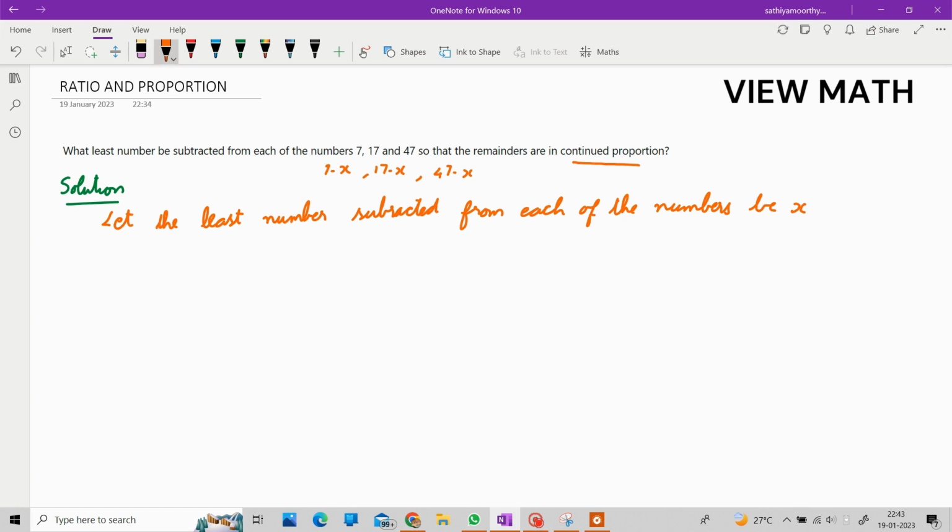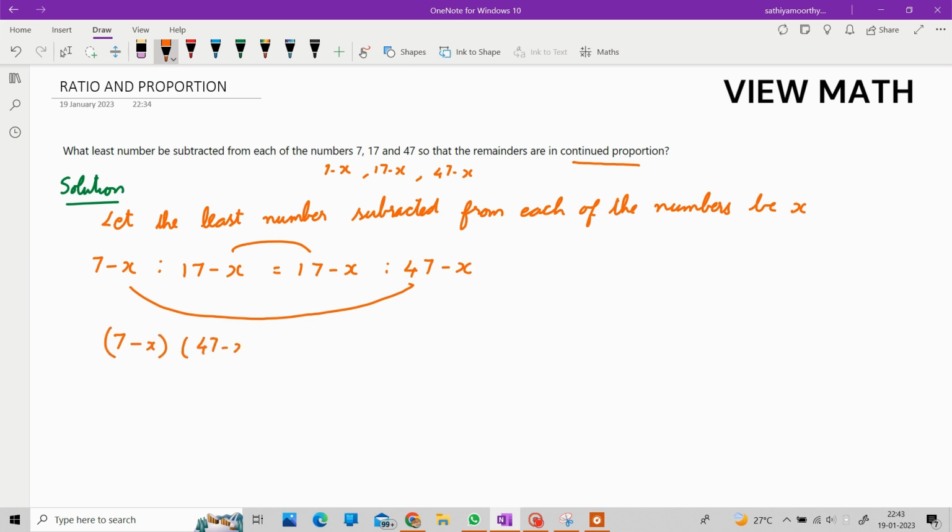Continued proportion means we write 7 minus x is to 17 minus x is equal to 17 minus x is to 47 minus x. So we can write the product of the means is equal to the product of the extremes. 7 minus x into 47 minus x is equal to 17 minus x the whole square.